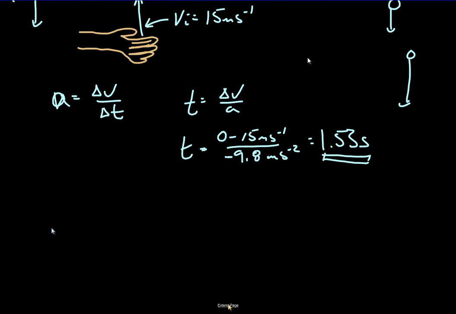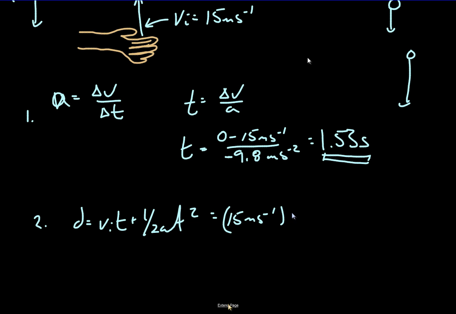So in order to do that, since we have an accelerating object, we need to do this. d equals v_i t plus 1/2 a t squared. So we've got v_i, which is 15 meters per second.